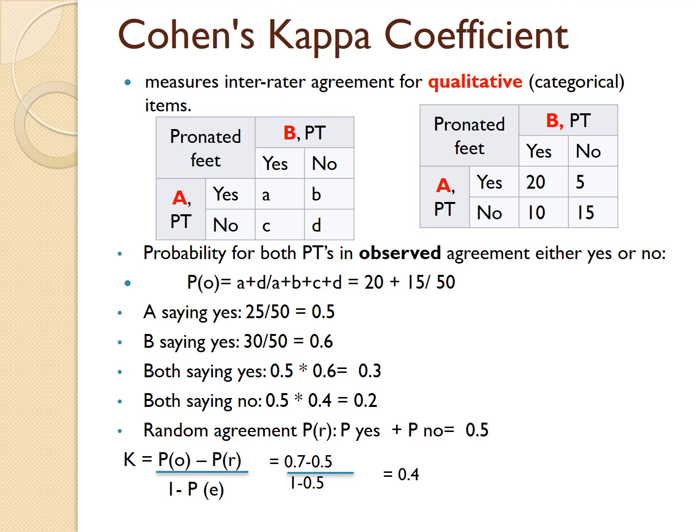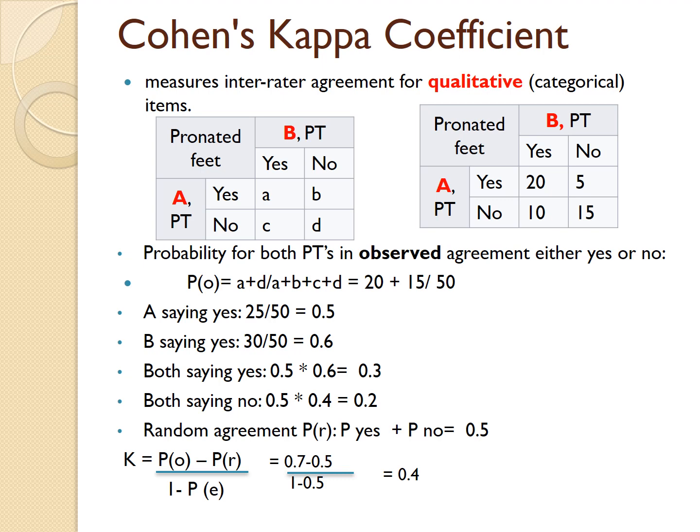Okay, so what we have to find out is the probability for both physical therapists in observed agreement, either yes or no. So what is the probability that both will agree in their findings? Let's look into the matrix where they both say yes or both say no. APT says yes to 20 and the BPT says yes to 20 as well.